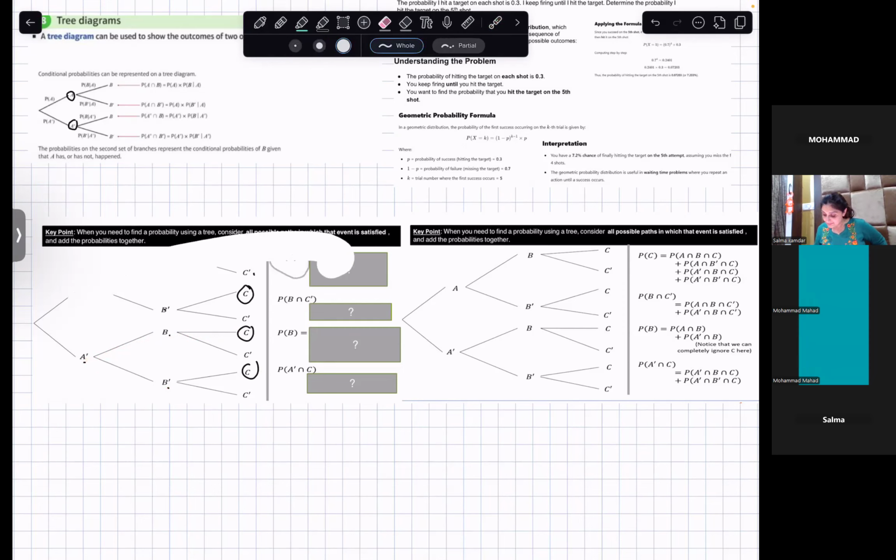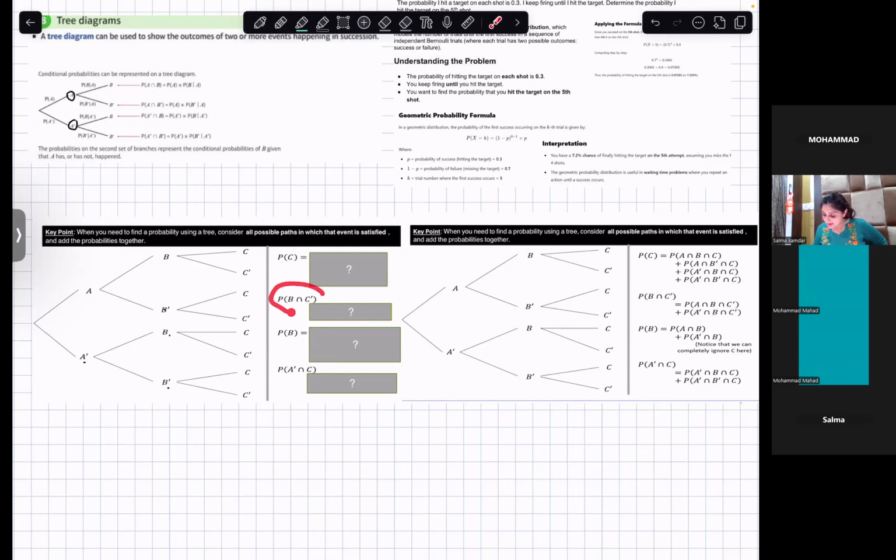Yes, miss. Okay, Mahad, can you give me probability of B intersection C naught? So it's going to be probability of A into probability of B, B naught, A into B, sorry, B into C naught.